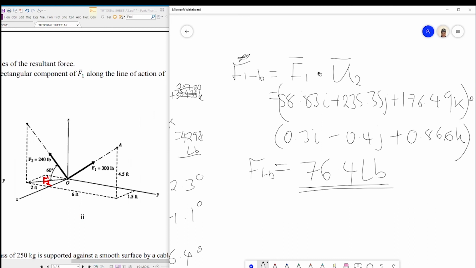Please verify that. It's simply the dot product of that. So this is the answer for B.